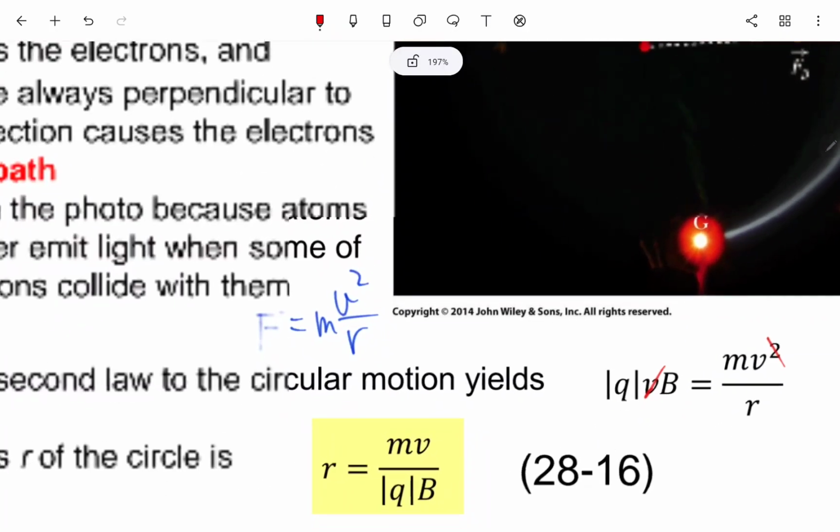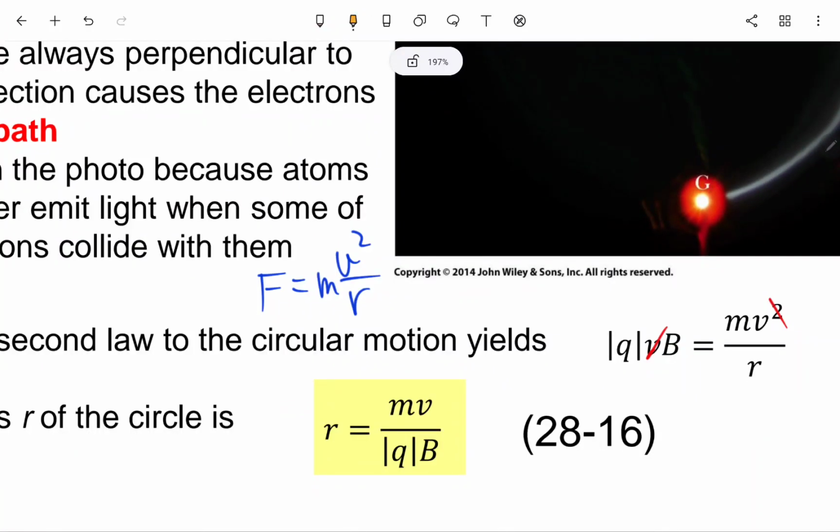Actually, this m is a constant given a specific particle, and this q is also a constant given a specific particle, so this ratio is a constant. The remaining conditions related to the radius are first the initial velocity of the charge, and also the B field.